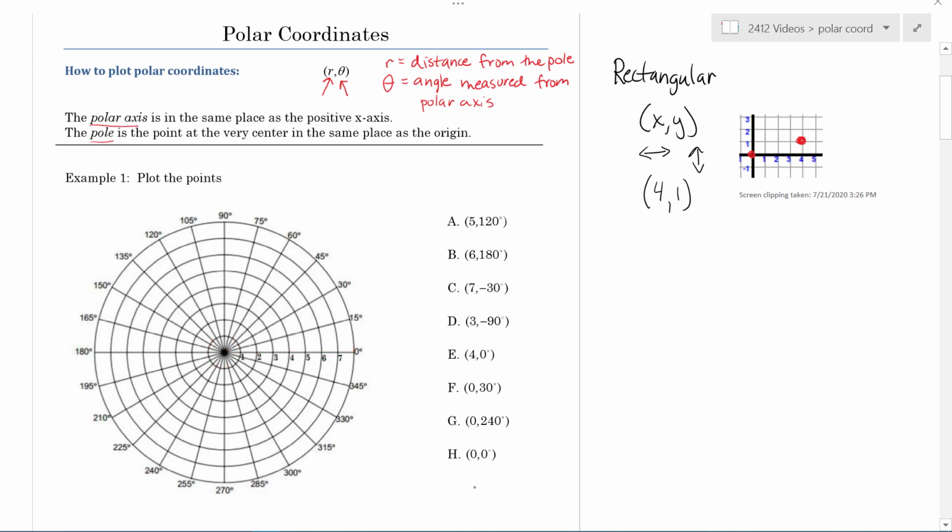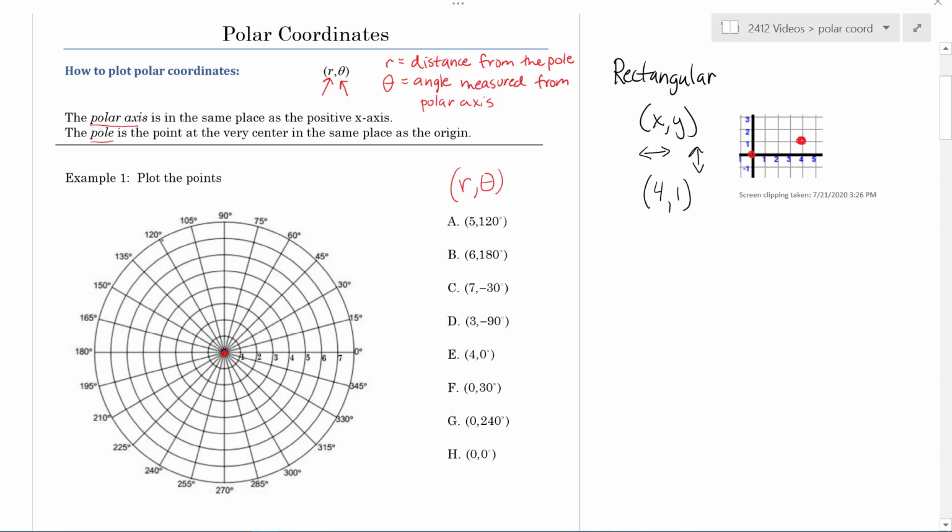I've got some points from A to H here, and I want to remind you that in these ordered pairs, the first number is the r value, the second number listed is that angle measure. So I'm going to plot point A. The first number I see is a 5. That tells me that I'm going to be somewhere on circle 5, 5 units away from the center of that graph. But I'm supposed to plot this point at the angle measure of 120 degrees measured from the positive x-axis.